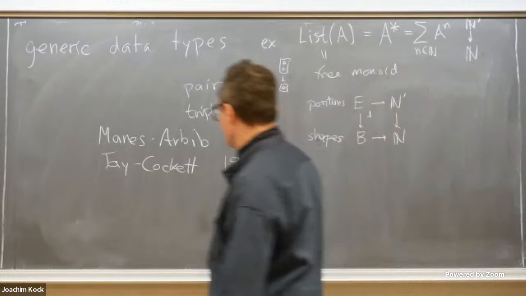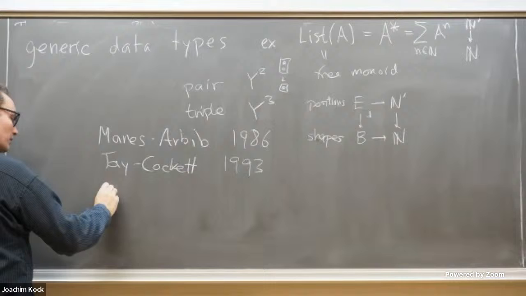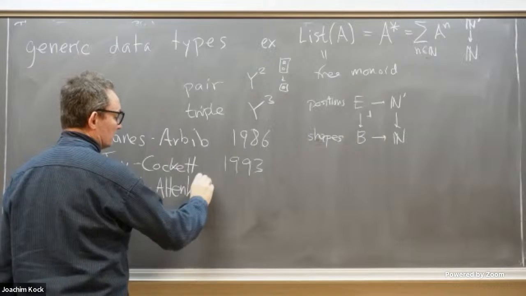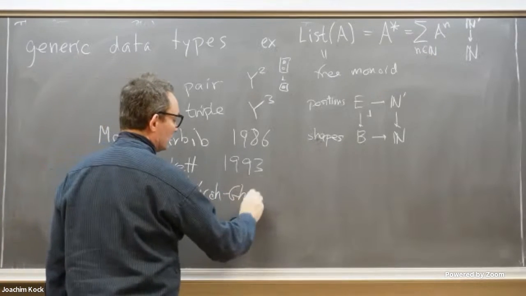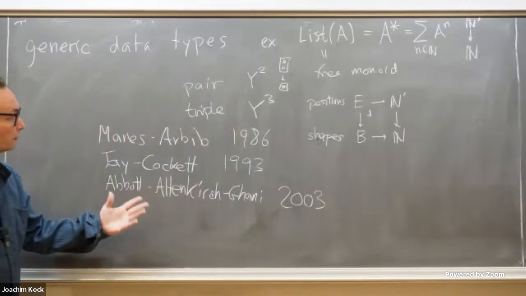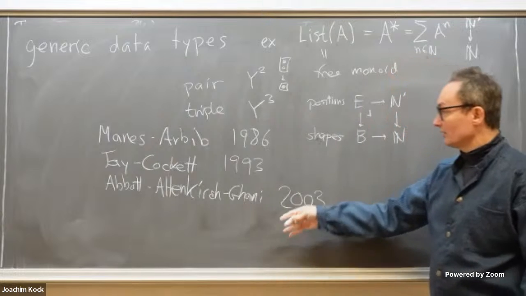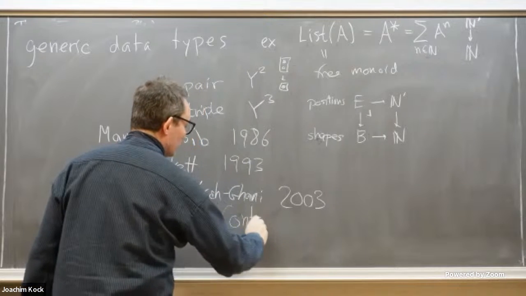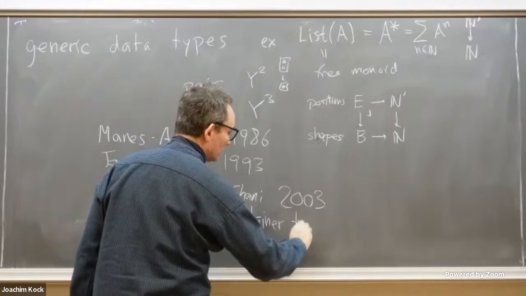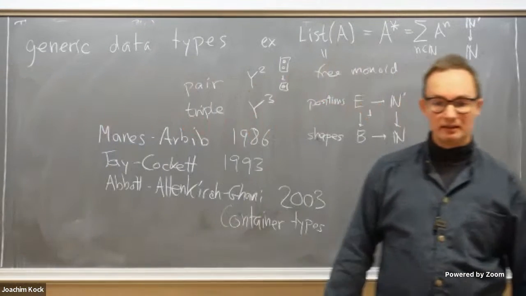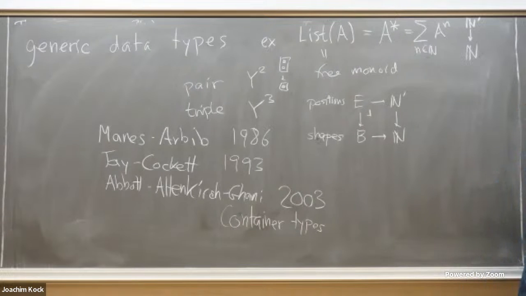And then I should put Abbott, Altenkirch, and Ghani, 10 years later, who really gave the full-blown theory of polynomial functors in the language of computer science in what they called container types. So this is really just polynomial functors, and they proved many of the things that are nowadays the basic theorems in the theory of polynomial functors.